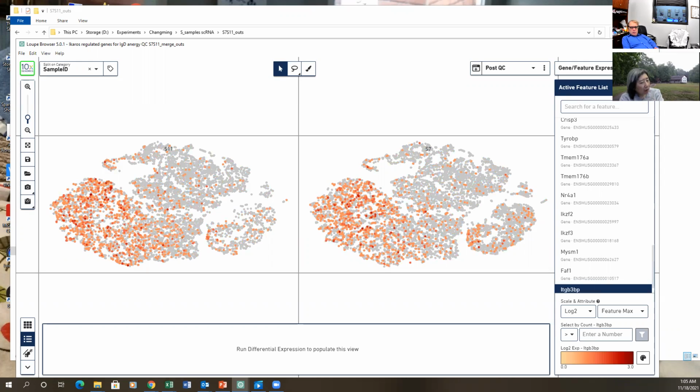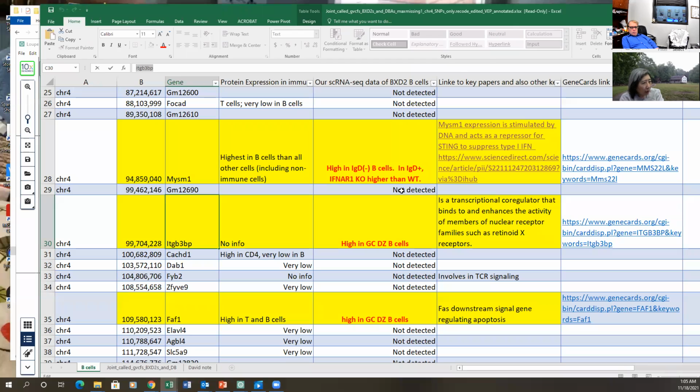Although I don't see a big difference here, it does suggest it's possible because it is so specific for germinal center. And there's another one, so both are very germinal center. I see a label, quite a few, and I don't see a big difference. That's why I don't make a big deal.